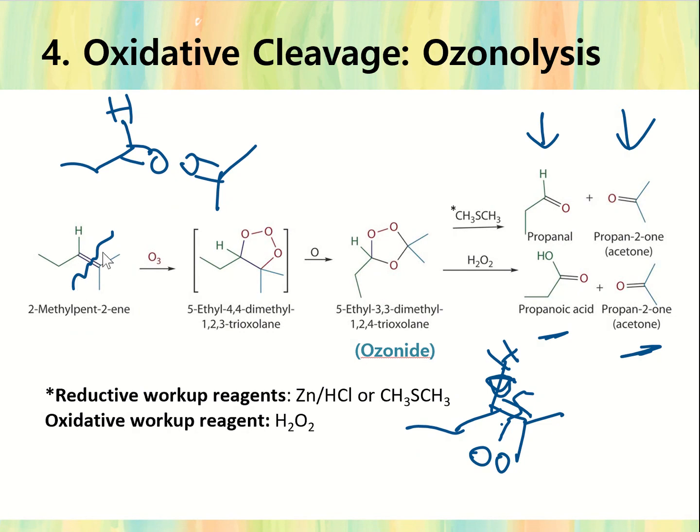So for the reductive workup, as we see, we just imagine that we insert 2 oxygens here and we get the product, right? But for the oxidative workup, that happens as well, but there's an extra oxygen where you have a hydrogen attached to this carbon seen here.